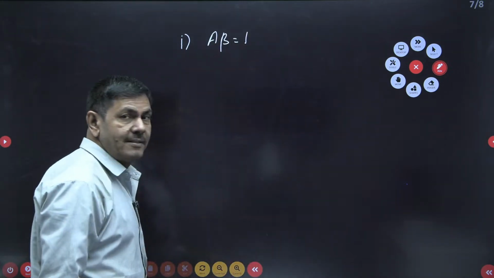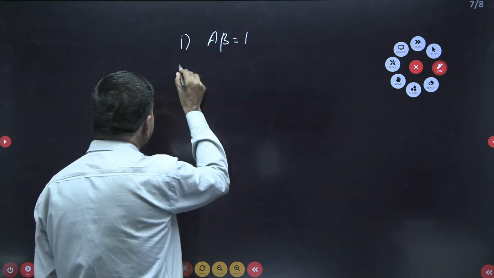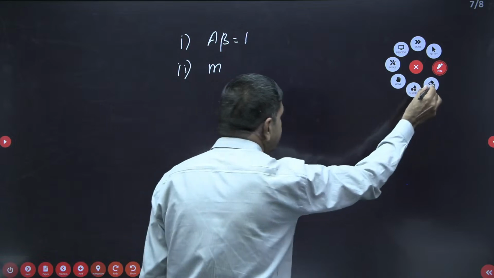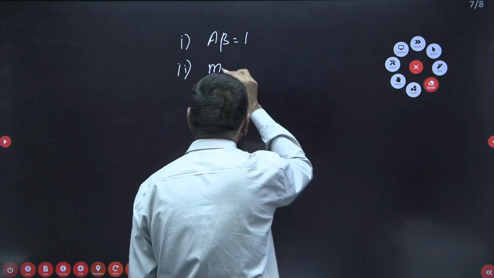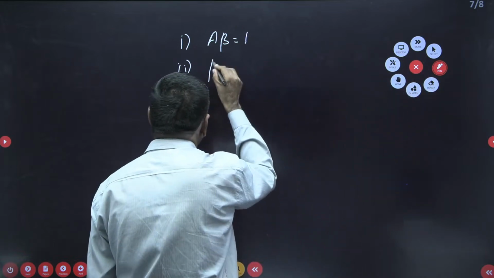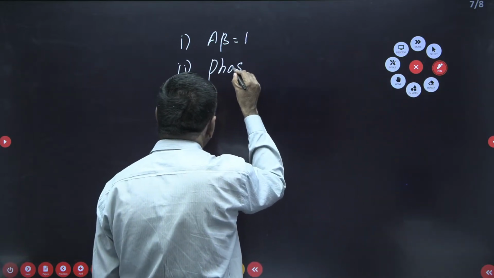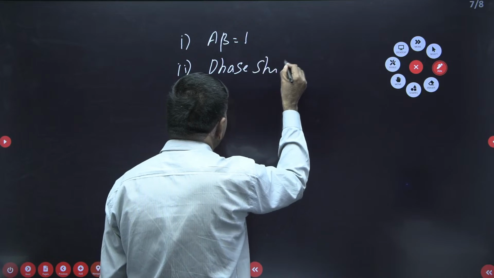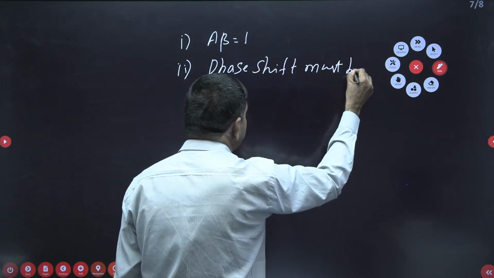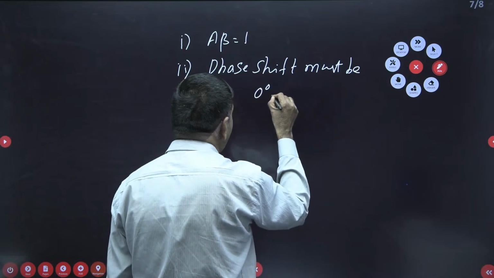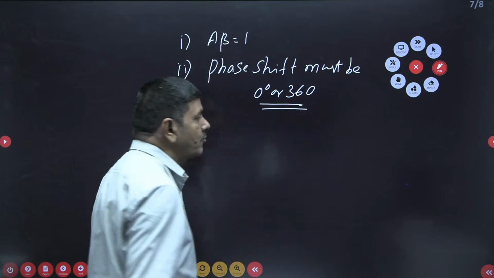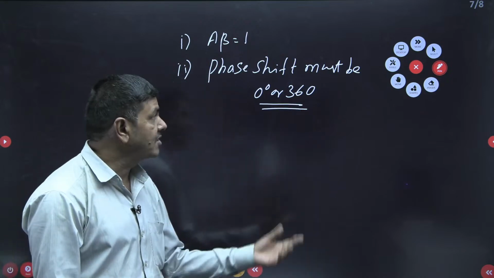And also the second condition in the oscillators: total phase shift attained by the signal must be 0 degree or 360 degree. These two conditions are said to be Barkhausen conditions in the oscillators.